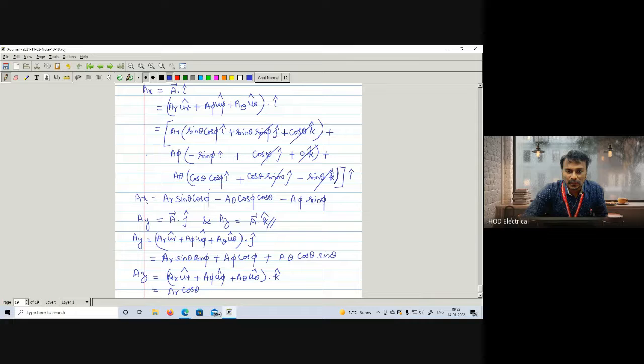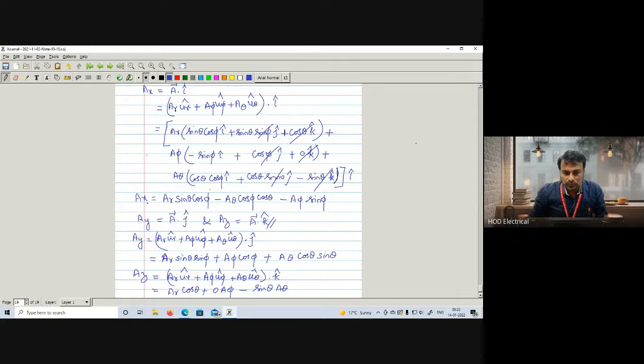Then for the K component, A phi, plus 0 into A phi, plus only the K component, minus sine theta into A theta.